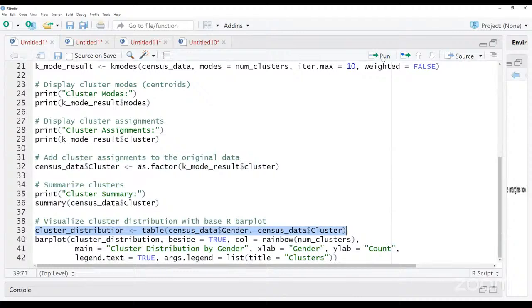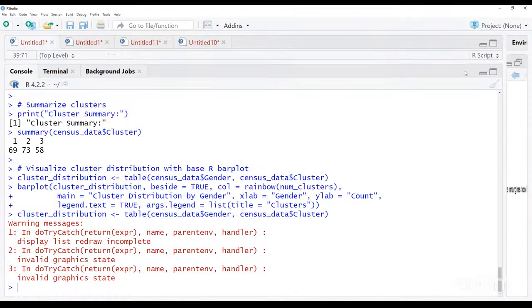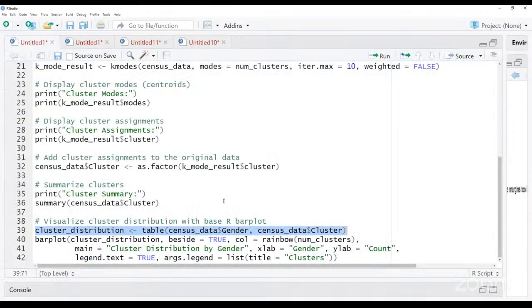Next is the table, and census data dollar gender, census data dollar cluster. After that, there is a cluster distribution, that is one vector.